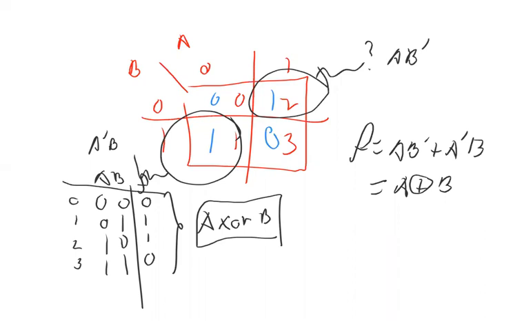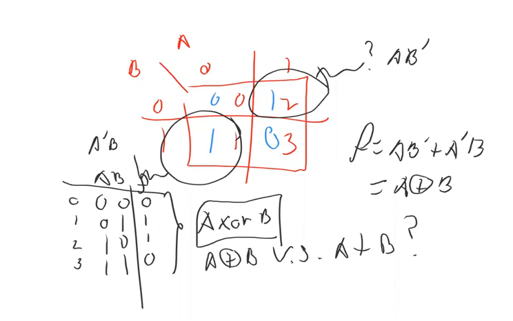What's the difference between exclusive OR and inclusive OR? Where it's A exclusive OR B versus A or B. What's the difference? 1 and 1 is 1.